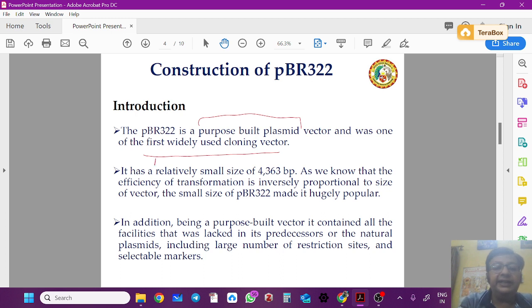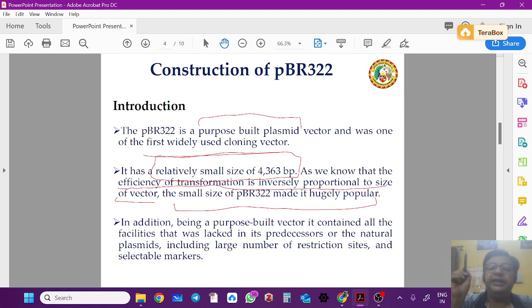It has a relatively small size of 4363 base pairs. And we know that the efficiency of transformation is inversely proportional to the size of the vector. The larger the vector, the less chance that it gets transformed into the bacteria. So the small size of pBR322 made it hugely popular.